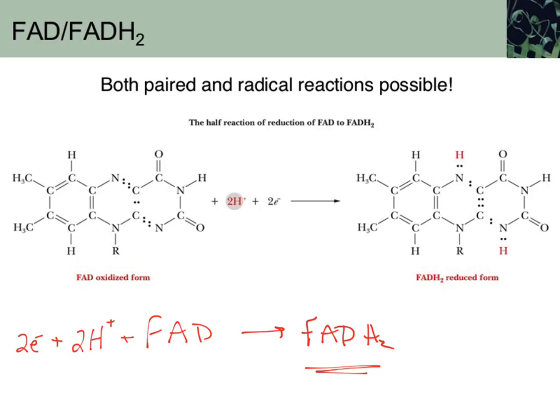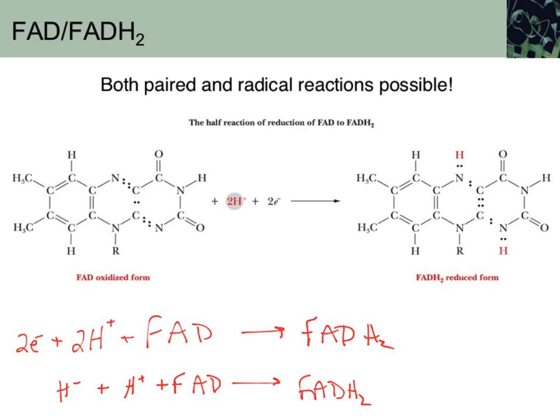Okay. So if we're looking at our half reaction, we can show those electrons. We're adding H+, and we are also adding H- to form FADH2.